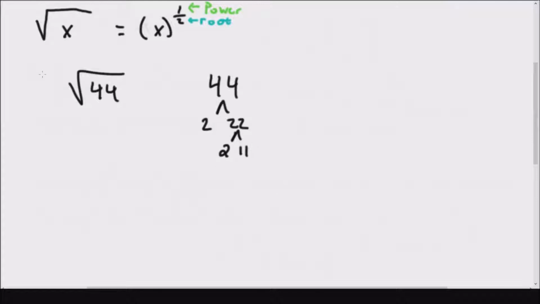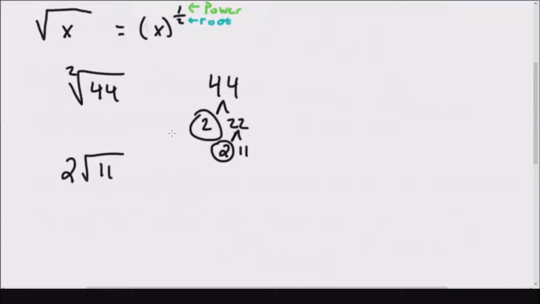Now remember when I said how important it was to remember that this is an understood 2? When you factor under a radical, you have to take everything out in pairs to make it whole. What does that mean? Let me show you. So I have 2 2's. I can go ahead and circle those because those are my pairs or my 2's. So I know that I can now take this out of the radical as a 2. And then I only have 1 11, so I leave that under.